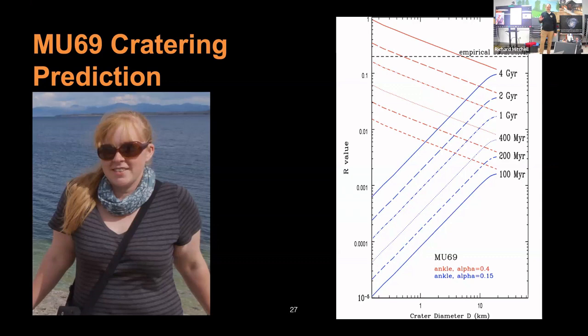At the very start, I showed you the plot from Hilke Schlichting where it went up and there were more and more small things. That is not what happens in the fast process. That only happens in the slow process. So if the slow process works, we should get a distribution of crater sizes that goes up, and if it's the fast process, it should go down.